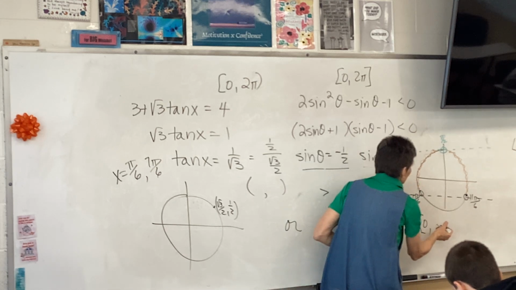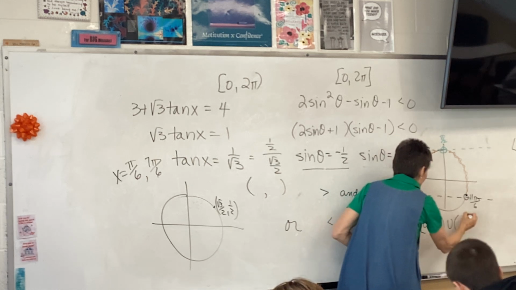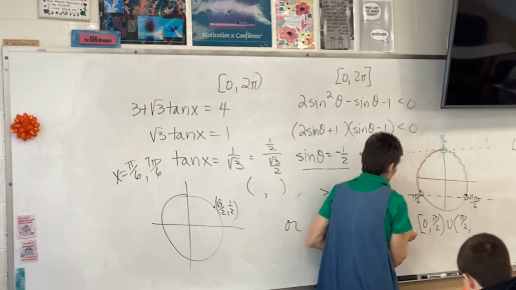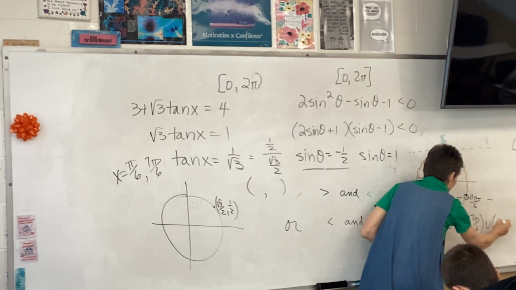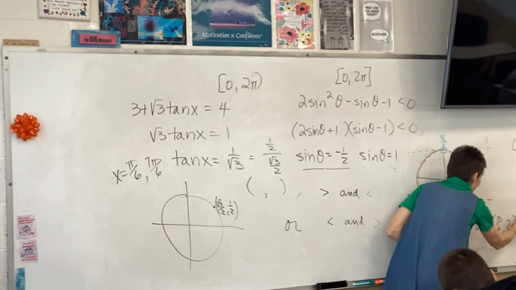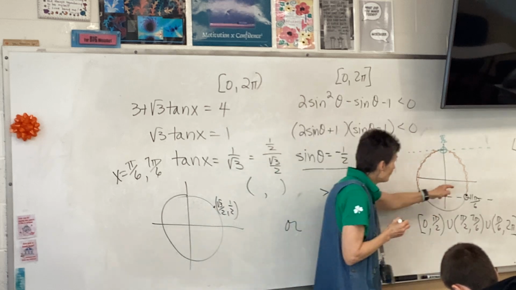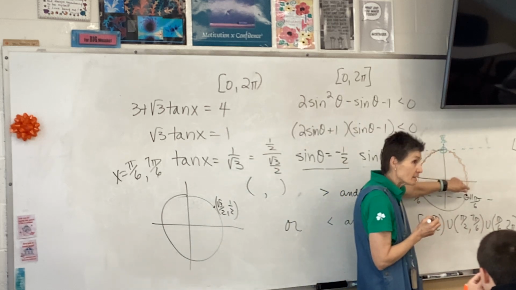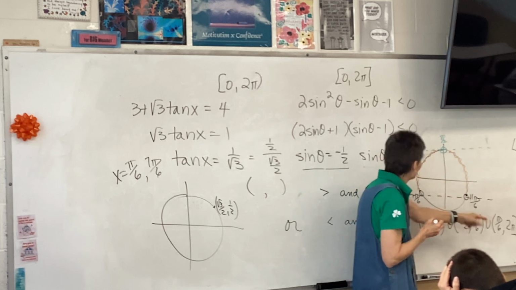0 to pi over 2. Pi over 2 to 7 pi over 6. And 11 pi over 6 to 2 pi. Now, notice that 0 is shaded. There's no dot at 0. It's shaded, so that's why it gets included on both ends.